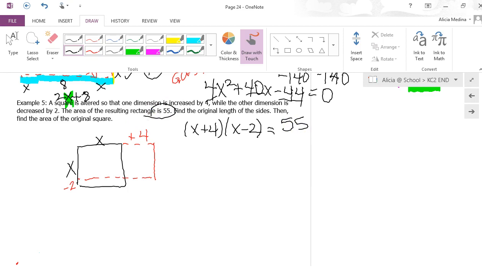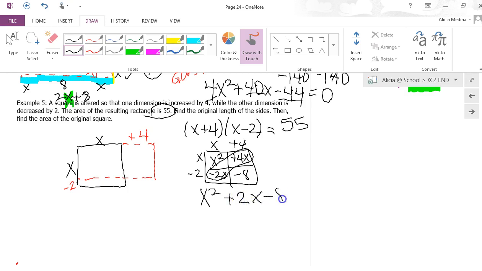All right, so using my binomials here, I'm going to use my Punnett square, x plus 4, x minus 2. That's going to give me x squared plus 4x minus 2x minus 8. Combine my diagonals there. It's going to be x squared plus 2x minus 8 equals 55.